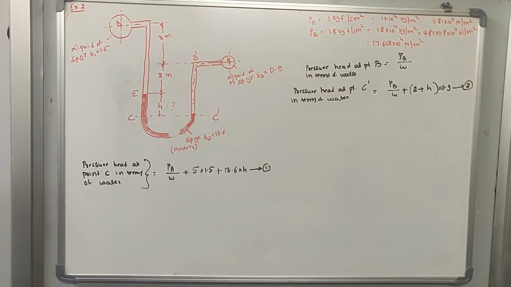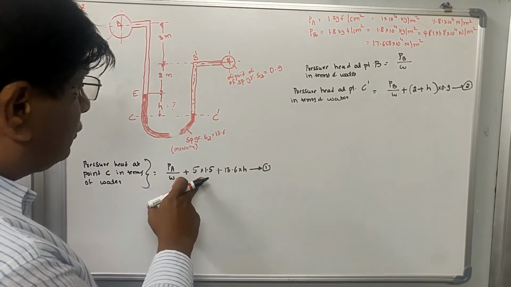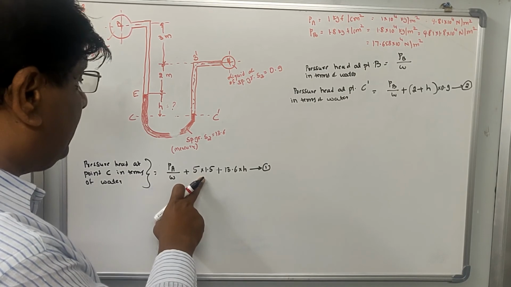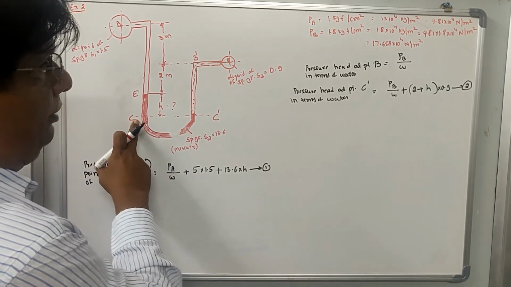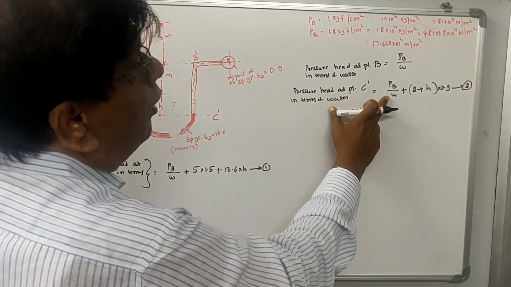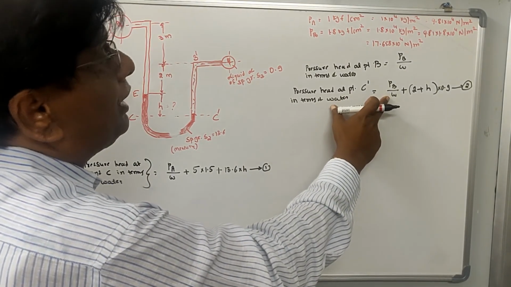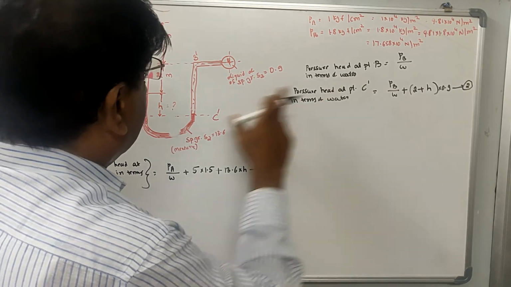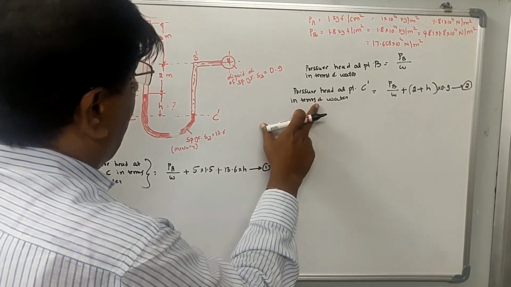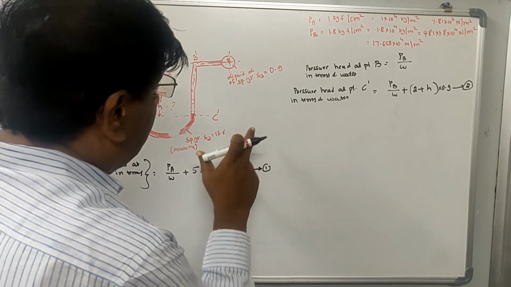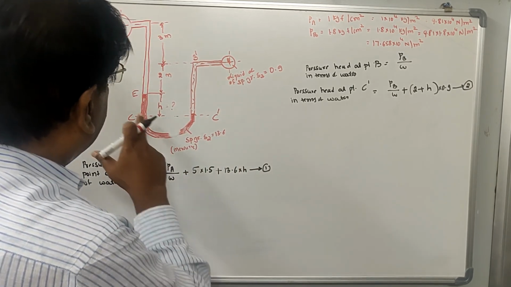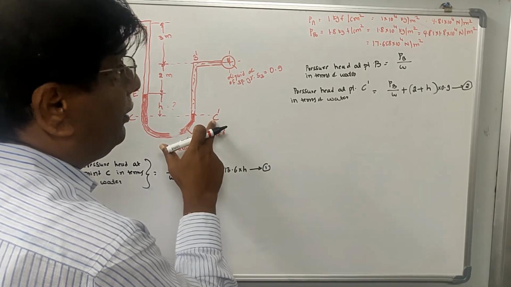See, observe now equations 1 and 2. Equation 1 gives you the pressure head at point C in terms of water, and equation 2 also gives you the pressure head at point C dash in terms of water. Now C and C dash are lying on the same horizontal line, so the pressure head at point C is equal to the pressure head at point C dash.